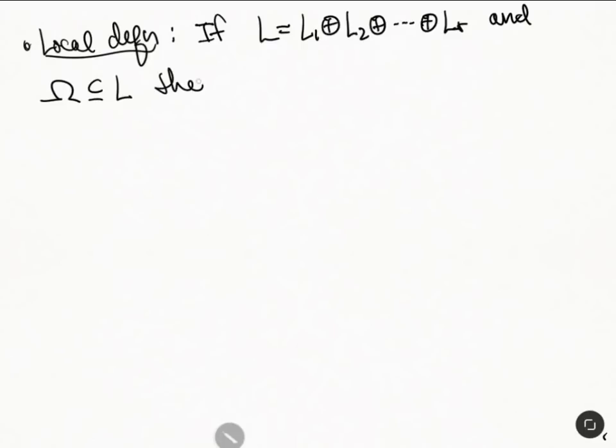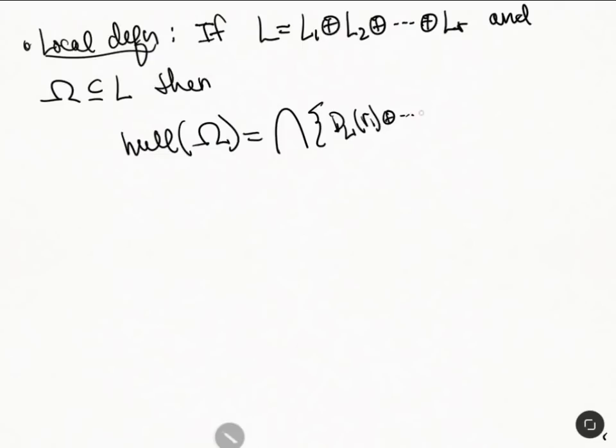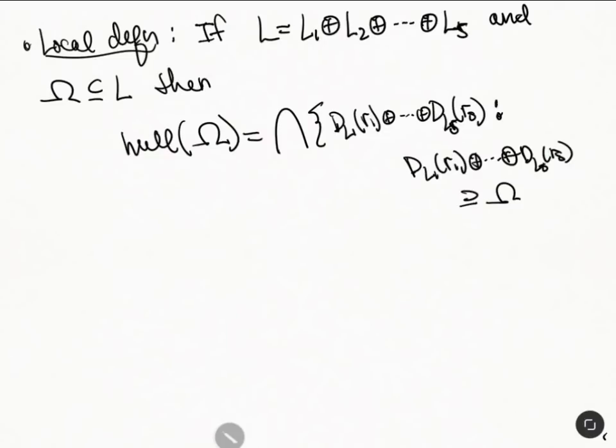Then the hull of omega is going to be the intersection over the set of polydiscs D(L1, R1) direct sum ... direct sum D(LS, RS), let's say, such that this thing contains omega.